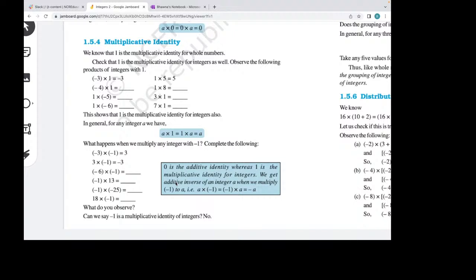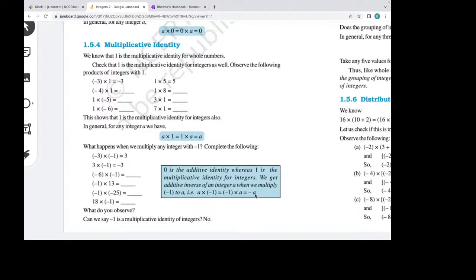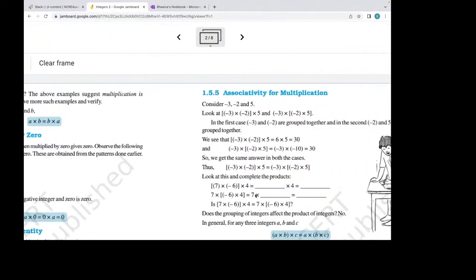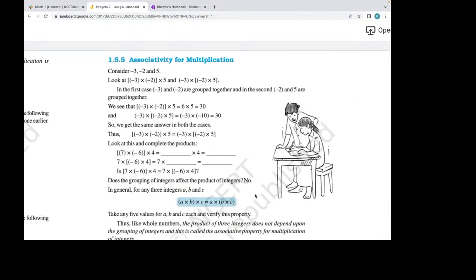We get the additive inverse of an integer a when we multiply a by minus 1. That is, a multiply minus 1 is equal to minus 1 multiply a is equal to minus a. I hope the multiplicative identity is clear to everyone.